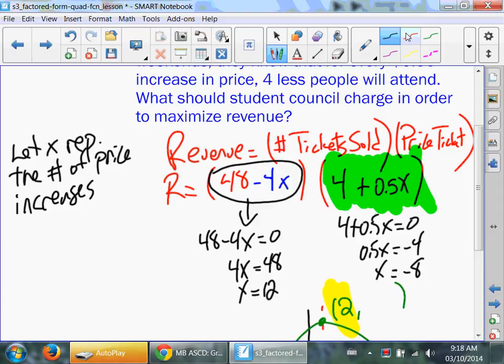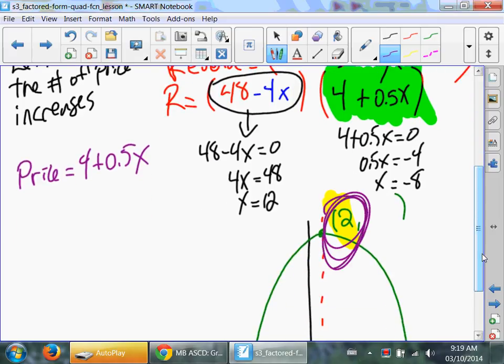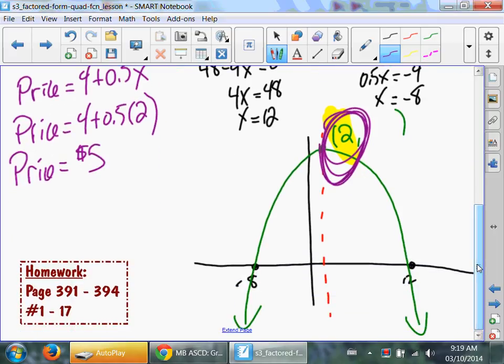If we take a look at the price as 4 plus 0.5x, and we know that x is equal to 2 in order to maximize the revenue, we get 4 plus 0.5 times 2, so we get $5. So $5 is the price that they should charge to maximize the revenue. $5 is the cost that maximizes the revenue.